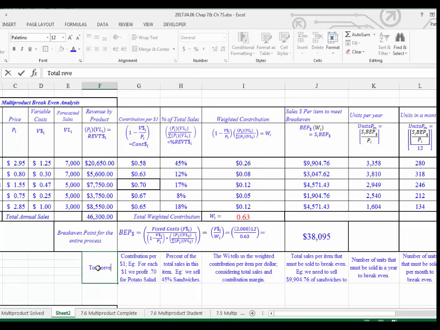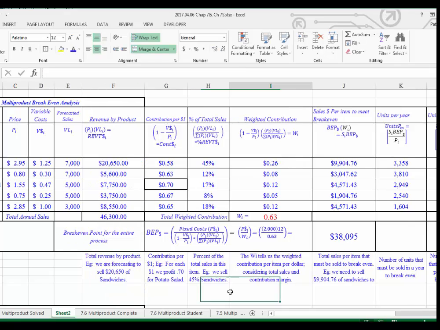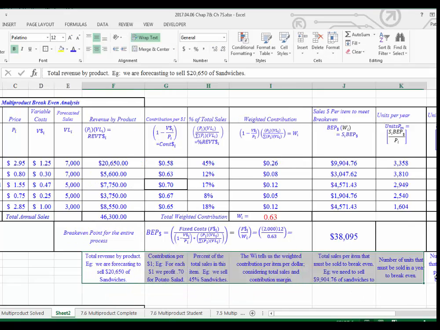Total revenue by product. Example, we are forecasting to sell 20,650 of sandwiches.